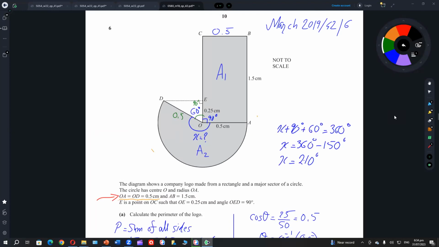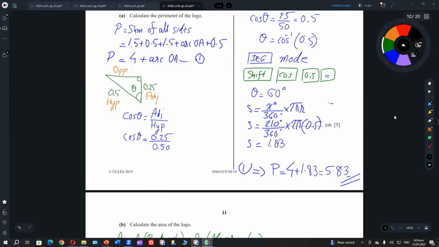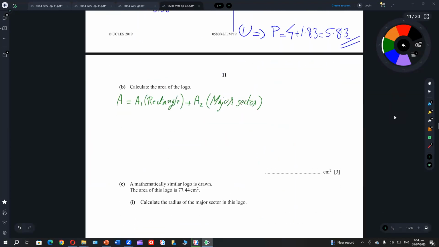Can you tell me the formula for area of a rectangle? Area of a rectangle is length times width. And here one is 1.5 and one is 0.5. So when I find this area, I write down the formula of area of a rectangle, length into breadth, plus area of a sector. I'm writing down the formula, angle over 360 degree into pi r square. Copy down this step. So you have all the values.